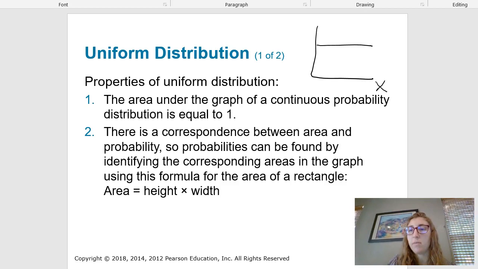So our x variable is our x-axis, and P of x is our y-axis here. So we're saying over this entire interval of x, the probability is going to be the same.